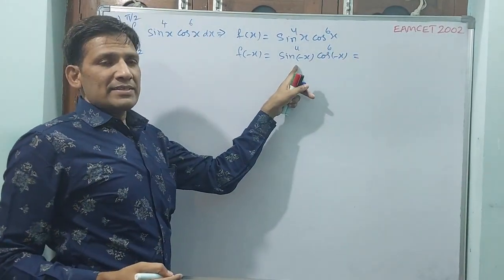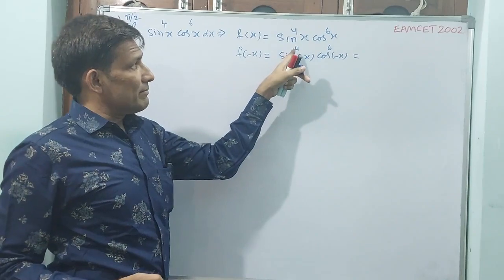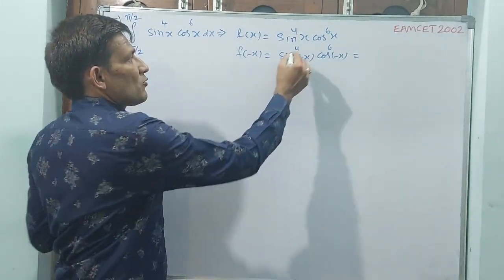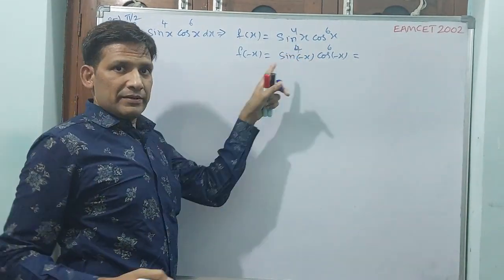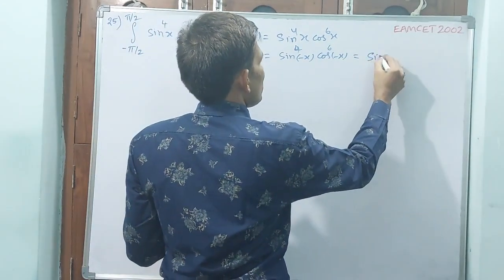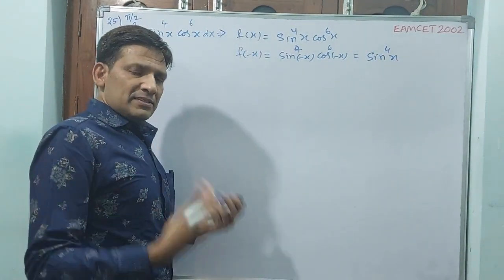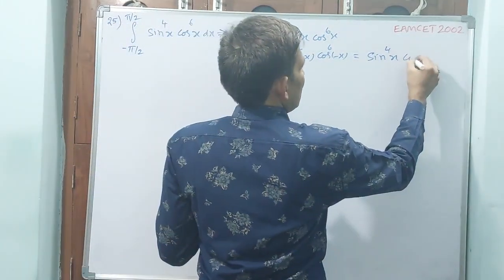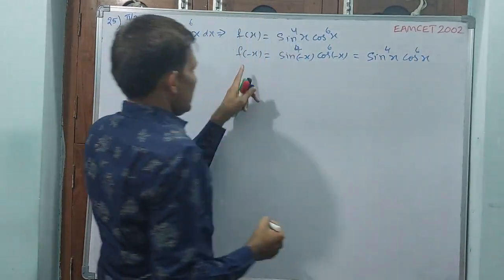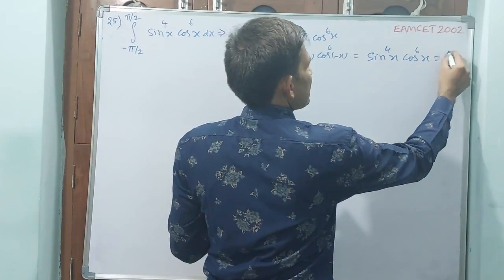Sine of minus x means minus sine x will come, but the power of 4 is the even power. Even power means this is going to give finally sine to the power of 4x only. Cos of minus x itself is cos x. So f of minus x has also come f of x.